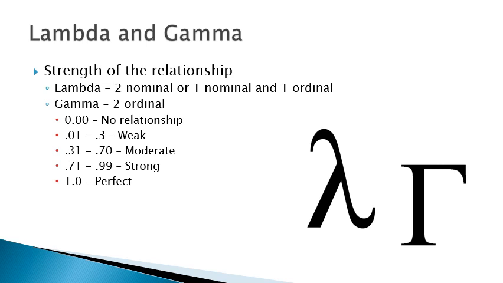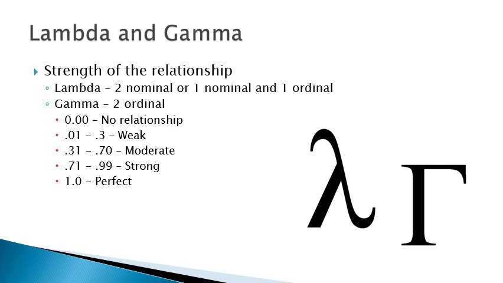So if I'm trying to determine, let's say I've got income and education, and I put in all my data, and they're both, let's say, ordinal. I have two ordinal variables. Income is ordinal, and education is ordinal. Now think about it.